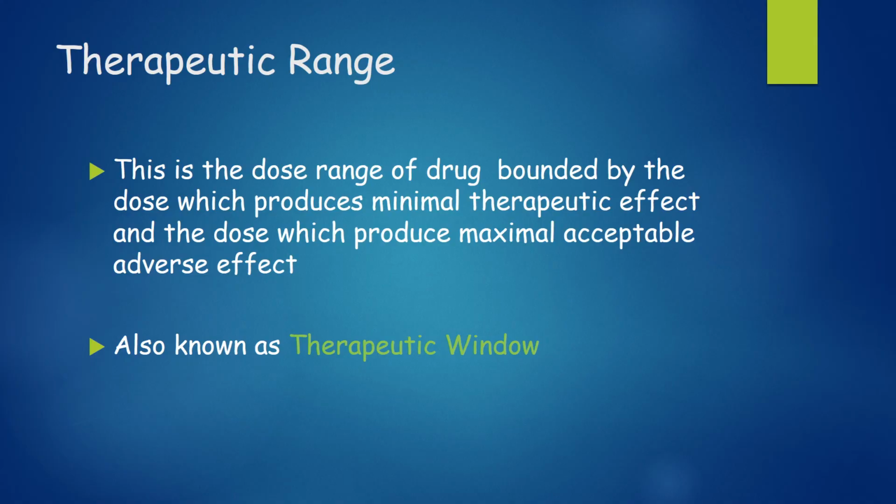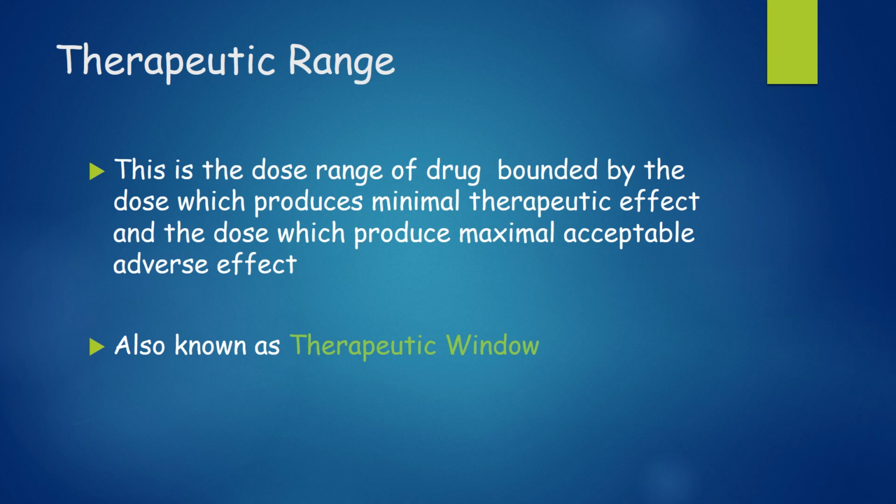Now, what is the therapeutic range? It is the dose range of a drug bounded by the dose which produces a minimal therapeutic effect and the dose which produces the maximum acceptable adverse effect, and it is also known as the therapeutic window. Therapeutic range and therapeutic window are similar. We can consider the adverse effects as acceptable adverse effects, which have not produced any lethal effect but are adverse, together with the minimum therapeutic effect.